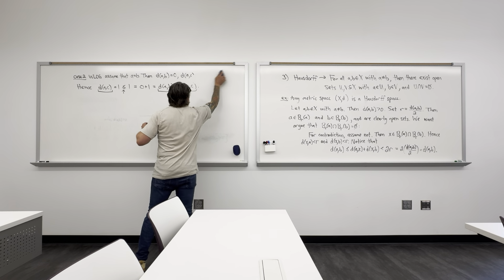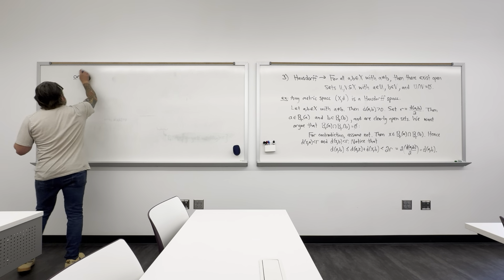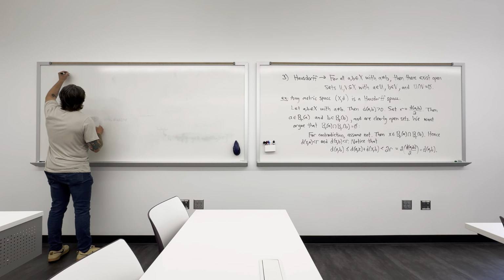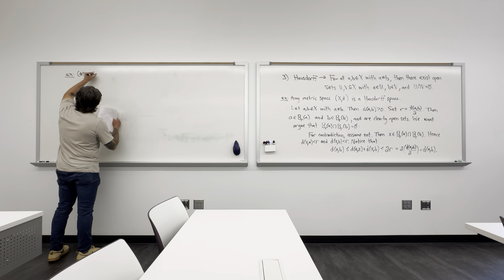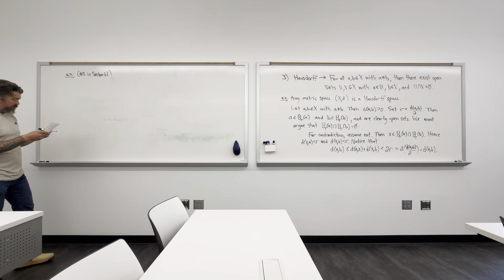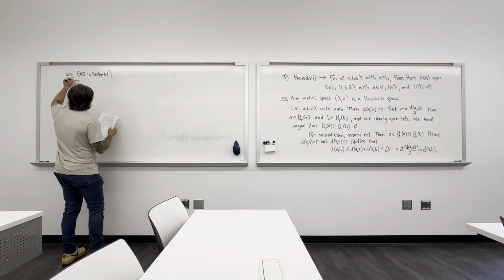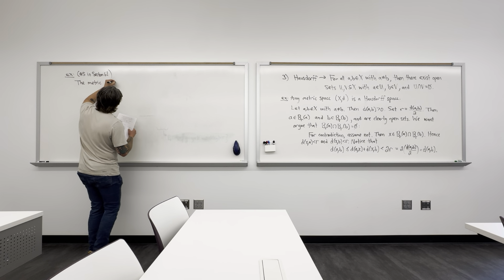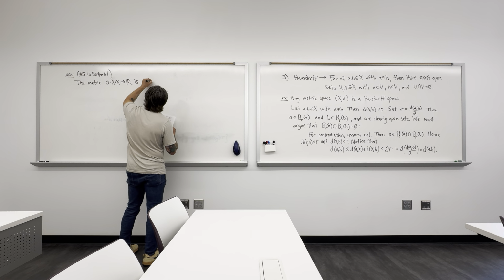Okay, let's look at another example. This is number 5 in section 6.1, found on page 136, and it states the following: the metric D is continuous.